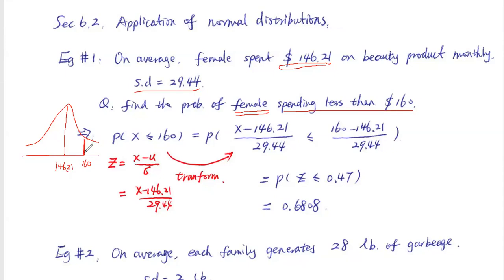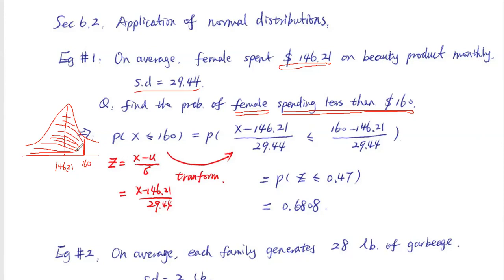It says less than. In human language, less than means everything to the left. So in other words, we are trying to find the probability for everything to the left of 160. Is that clear?